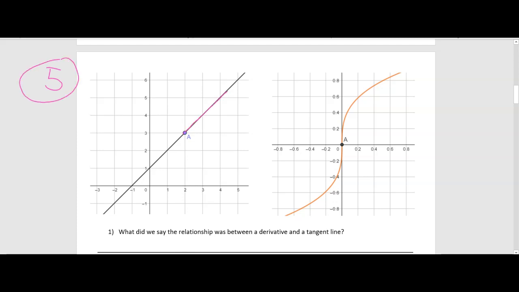We said the tangent line was the same as the original function, so our derivative would just be the slope of the function. And number 6, while we could draw a tangent line, the slope of the tangent line was undefined, which means our derivative would be undefined. So we would not have a value for the derivative at number 6.